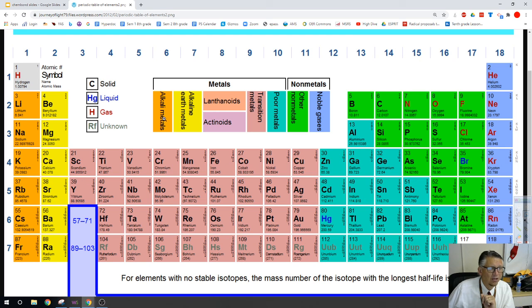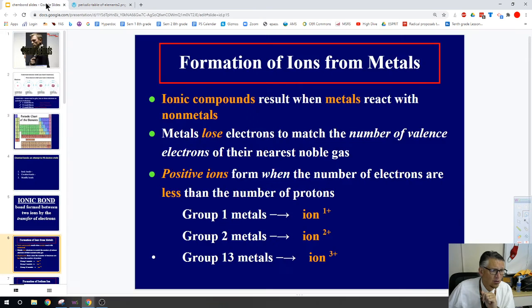So we have the alkali metals and the alkaline earth metals, and these are called the poor metals, but normally groups 1, 2, and 3 are considered metals, and they are going to react with a non-metal, groups 5, 6, or 7. So when we have groups 1, 2, or 3 react with 5, 6, and 7, we have ions form. So the metal loses an electron, and if it loses a negative electron, it becomes a positive ion.